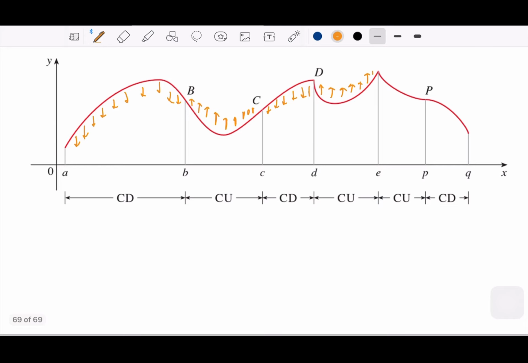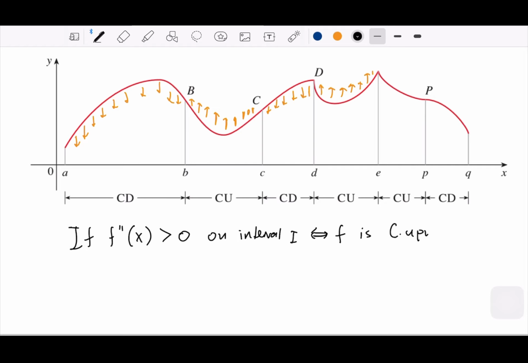So first, maybe before the inflection point, let me just write the conclusion from the concavity. So if your f double prime x is positive on an interval, then this will result in f being concave upwards.